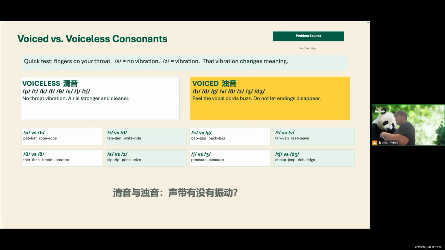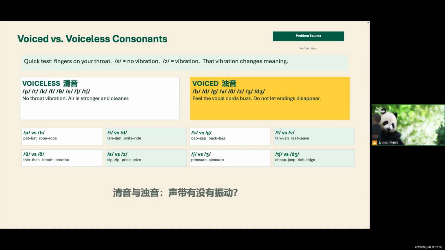Okay, so I also want to talk about what we call voiced and voiceless consonants. That's called 清辅音 and 浊辅音. So essentially, the voiceless ones, that's when there's no vibration here. 声带不震动, okay? So when you say these sounds, those are called voiceless.